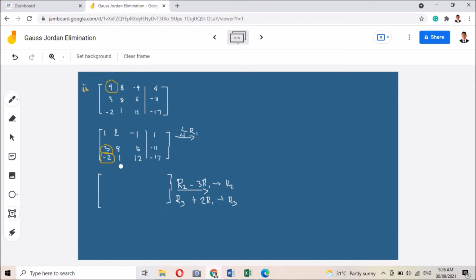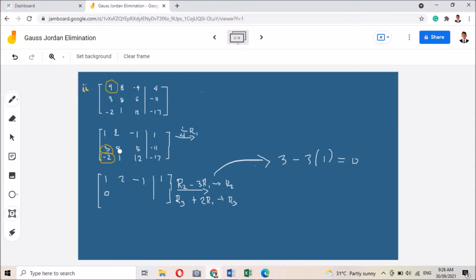For row 1, we'll just copy. Then for r sub 2, we'll use the elementary row operation, r sub 2 minus 3 r sub 1. Just like substitution in algebra, 3 minus 3 times 1 will give us 0. That's our goal, to make this entry equal 0, and the rest will follow.